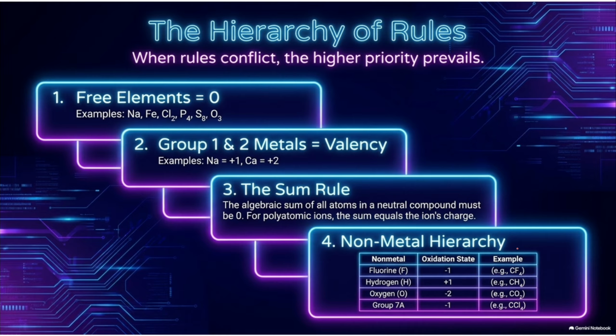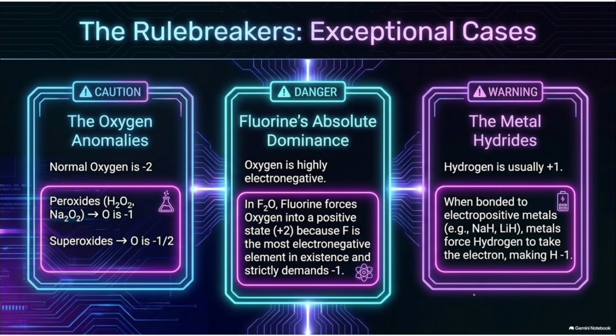In case of non-metals, fluorine is always -1, hydrogen is always +1 with the exception of hydrides. Oxygen is generally -2; in peroxide, it is -1; in superoxide, it is -1/2. Group 7A means halogens, which generally have -1 charge.